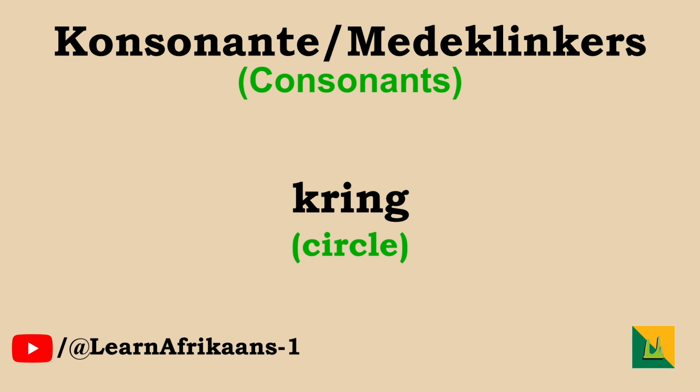Look at the example of the Afrikaans word for circle. Kring. Here you have the consonante making the sounds kr and ng.